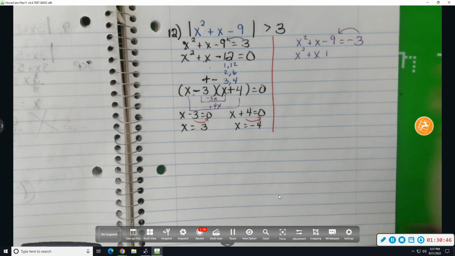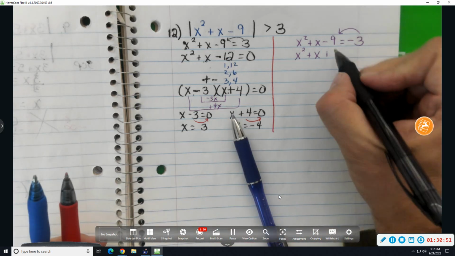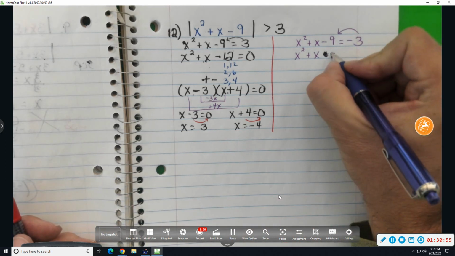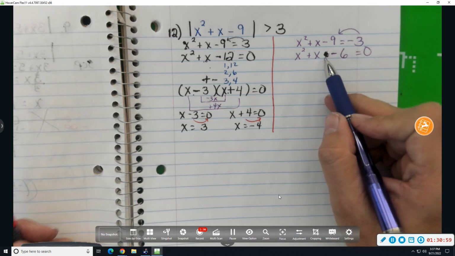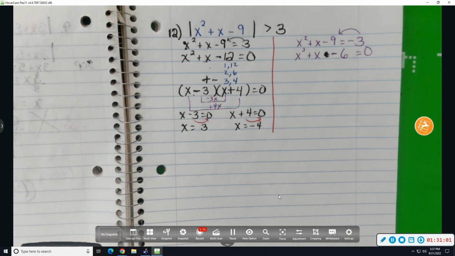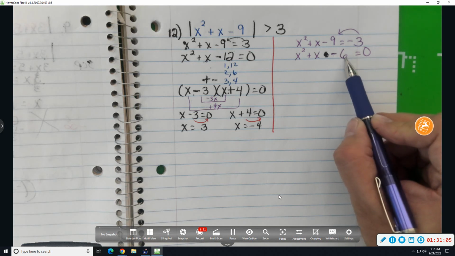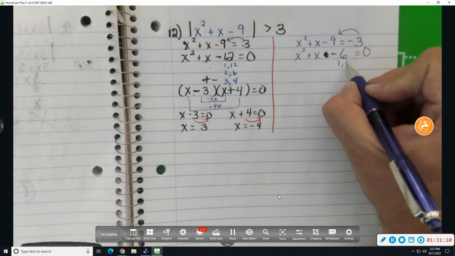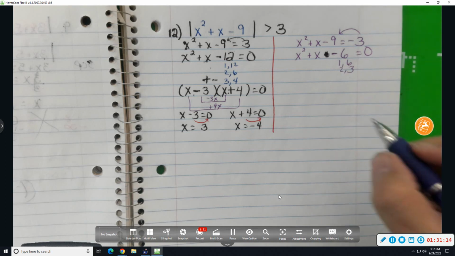You said negative 6, and look what I did. Negative 6 equals 0. Ignore that big black blob there. Well, that's a negative 6. Let's see, how do we factor it? Numbers that multiply together to give 6: 1 times 6 and 2 times 3.